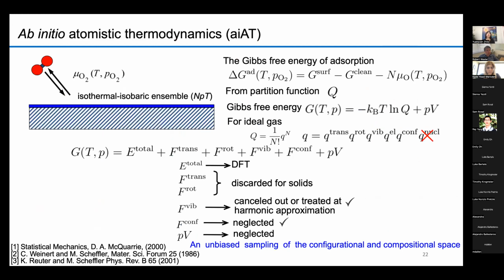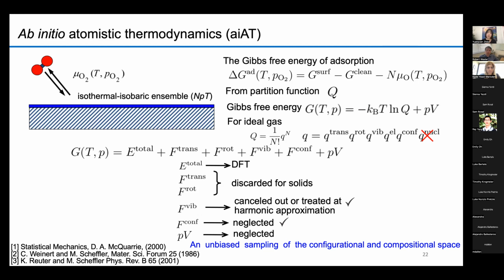Then we come to this method, both for the thermal catalyst and for the electrochemical catalyst. And what we want to do is that in the state-of-the-art method, there are these two approximations, which, however, do not always give an accurate phase diagram or surface stability estimation, especially at high temperature or high coverage.